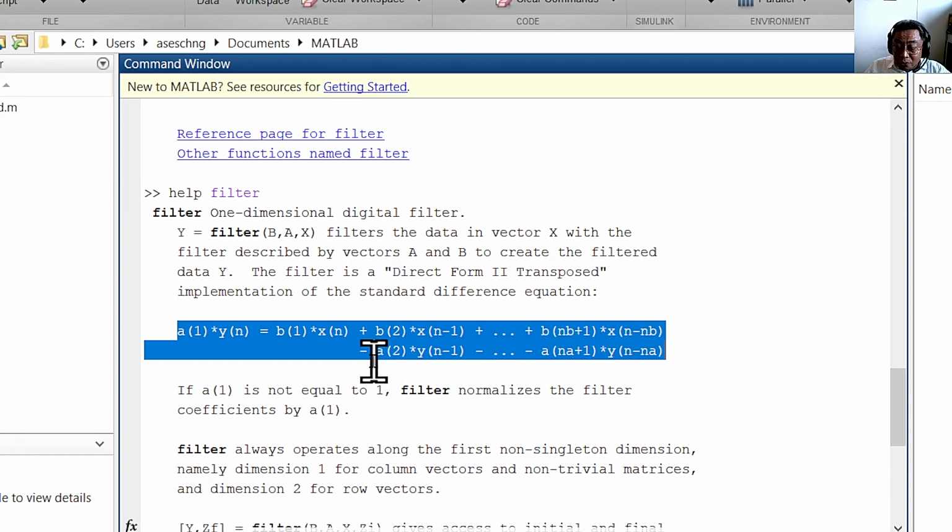It also uses the past outputs, with coefficients minus a(2) y(n-1), and so on, up to whatever past output you want. And you'll realize that we have the vectors A and B in this expression.